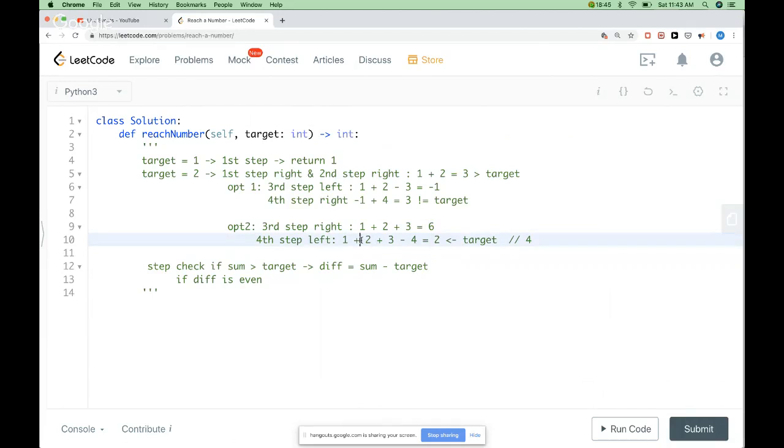So we can put -1 before any of the numbers, and we can find the solution. Then just make one of the moves to the left, and we will reach target.